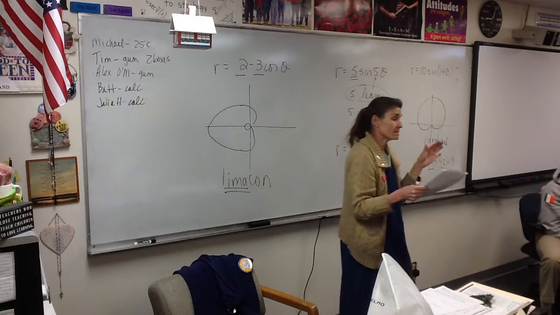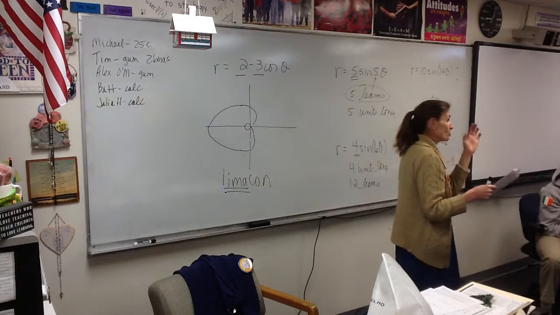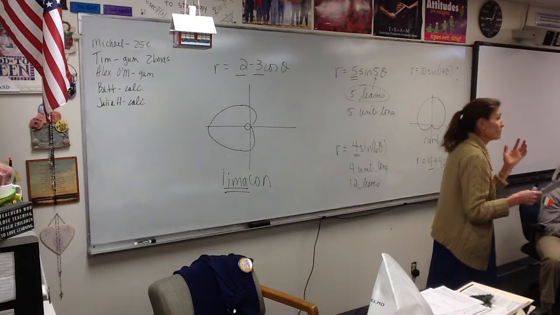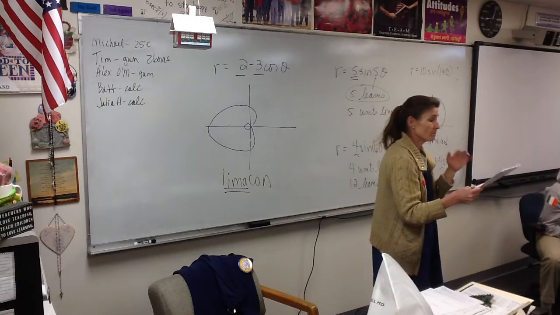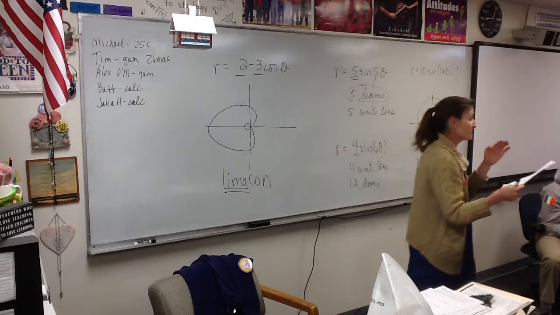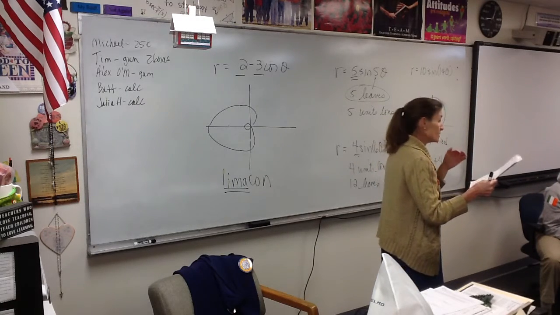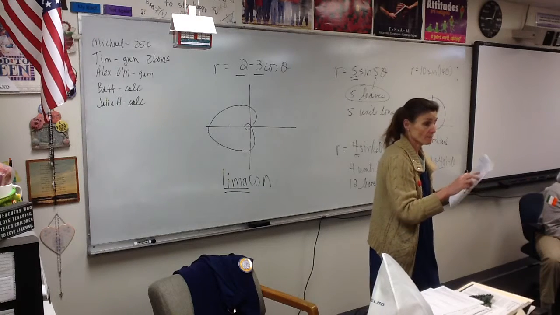Sometimes it's addition, sometimes it's subtraction. All that does is change the way it's oriented. It doesn't have anything to do with its shape. So C and D would be cardioids because they have the same number in the problem. A and B do not have the same number, so they would not be cardioids.